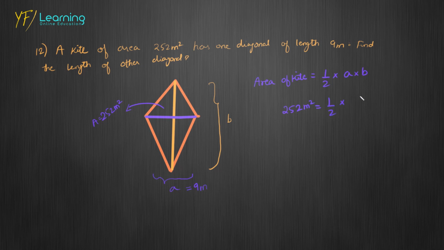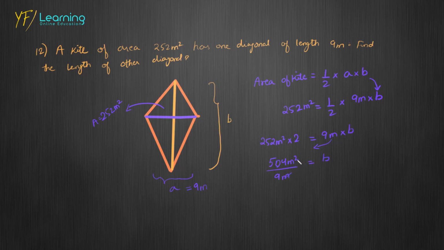Half times A is 9 meter and B is unknown. 252 meters square times 2 is equal to 9 meters times B. 252 times 2 is 504, divided by 9 meter. 9 meter multiplies here, so when you shift it to the left side it divides 504 meter square, and B only is left here.